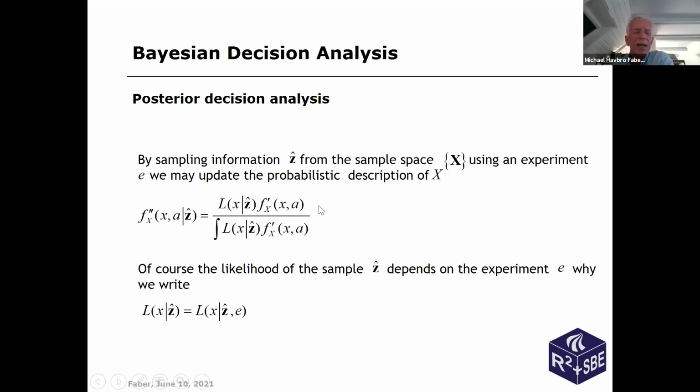And the likelihood is the important thing here, because this is what carries our observations into the states of the system which have our interest. And so this is where the inspection quality comes into the picture. This is where the information collected through monitoring comes into the picture.